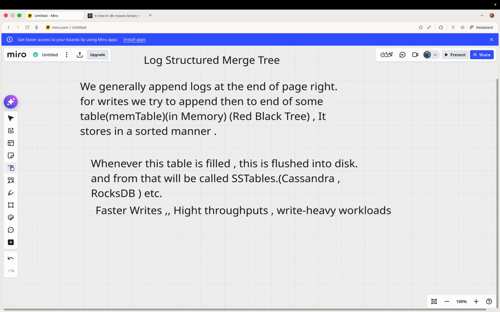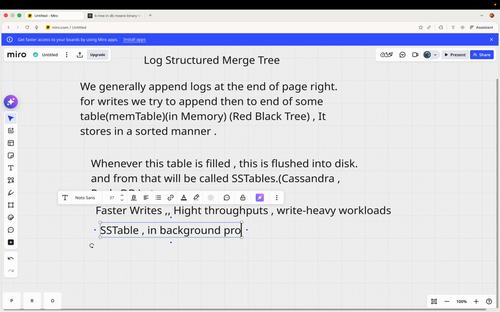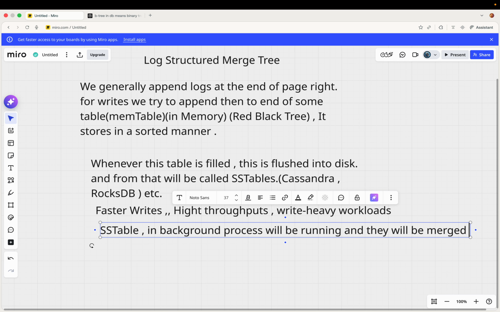And whatever SS tables are there, in the background a process will be running and they will be merged.